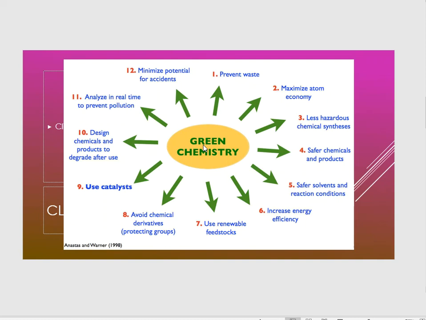So if something does spill, whether it's in the lab or once it leaves my company and gets on a tanker and drives down the interstate, if that tanker turns over and that chemical spreads across the road and goes into a nearby lake, river, stream, soil, or goes into the air, then this will minimize the potential for accidents that might happen with the chemical exposure. So those are the things that we're looking for in green chemistry.